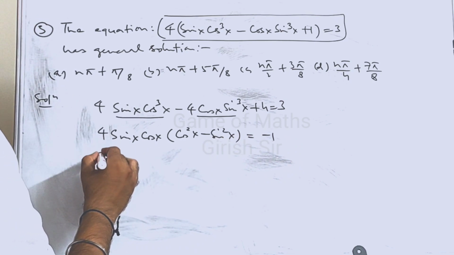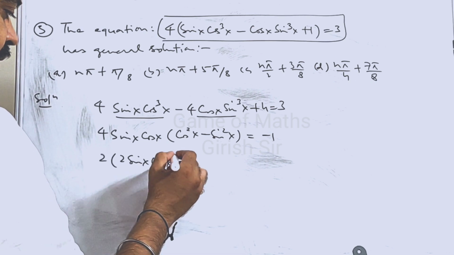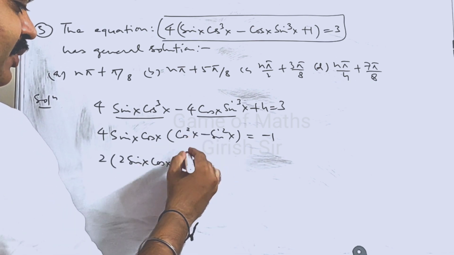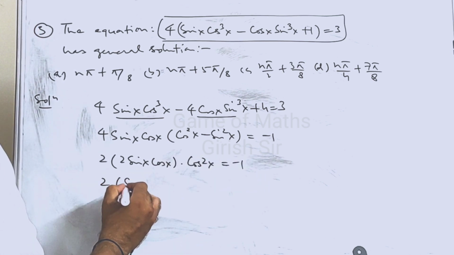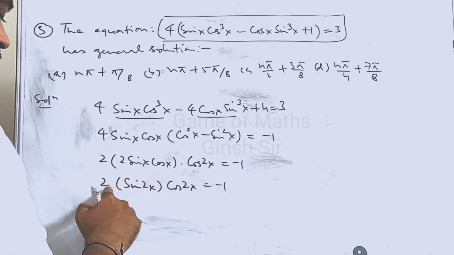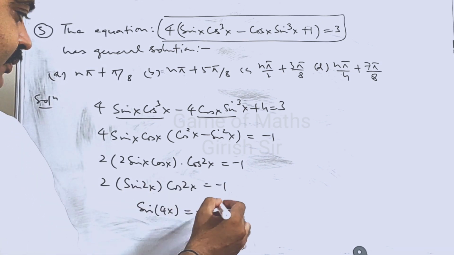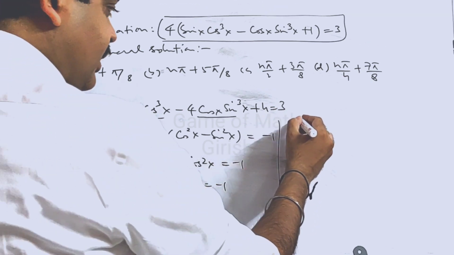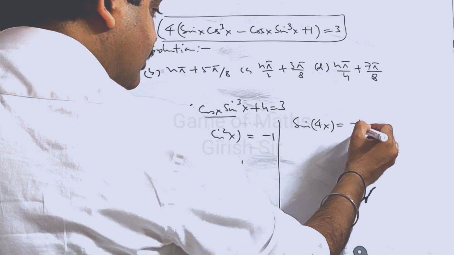Now this can be written as, while cos square x minus sin square x is cos 2x. We can combine these and write as sin 4x. So sin 4x equal to minus 1.